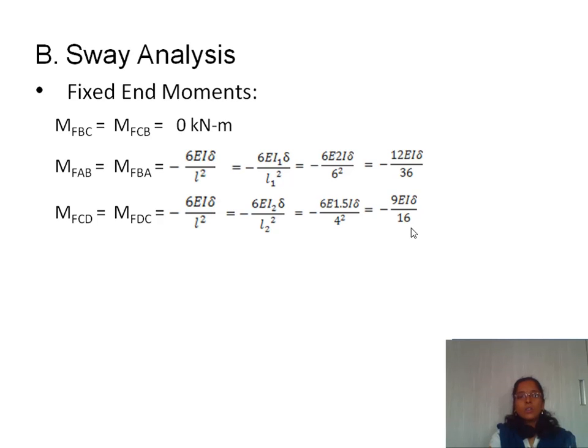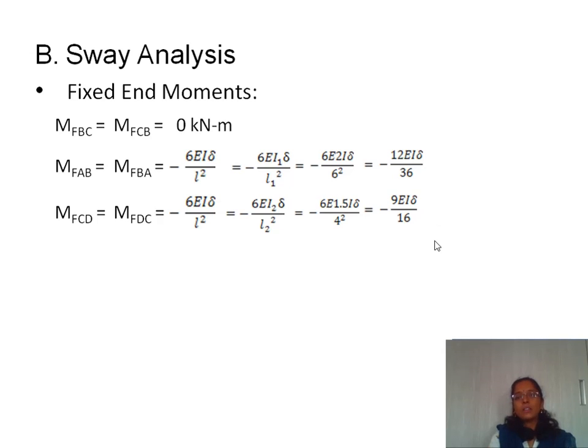Okay, so here since we have taken delta as positive, these are negatives only, so the moments will be negative. If the sway is towards left, we have to consider delta as negative delta, then these sway moments will be positive, minus into minus becomes plus. So you have to keep that in mind.